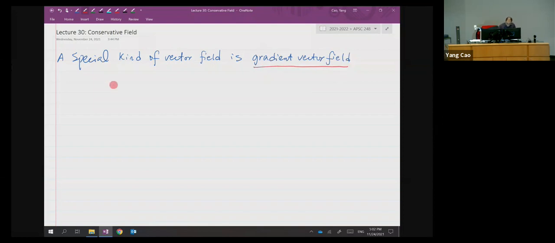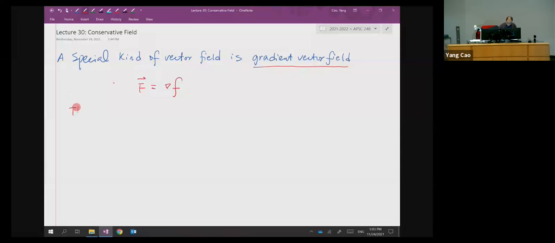By saying that, it basically means this vector field is the result of calculating the gradient vector of a scalar function f. So you obtain a scalar function, calculate its gradient vector, and produce a vector field or vector function. That is a very special kind of vector field, which we call a gradient vector field.